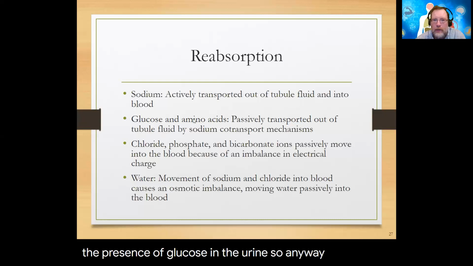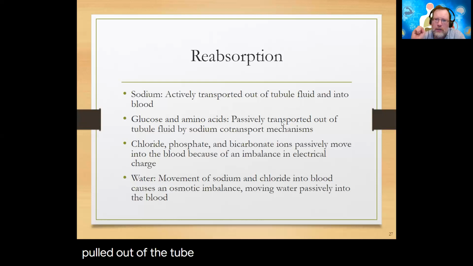So anyway, glucose and amino acids are going to be pulled out of the tubular system, reabsorbed into the blood via co-transport mechanisms. These co-transport mechanisms are going to be associated typically with sodium. And then chloride generally follows sodium.